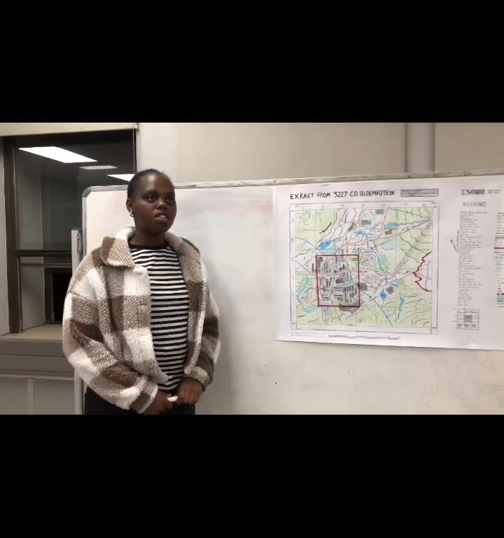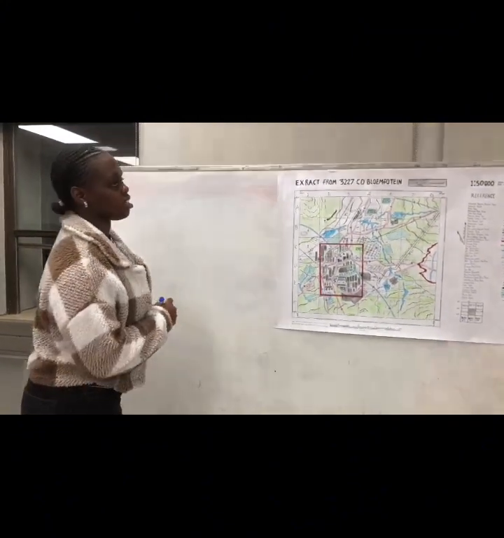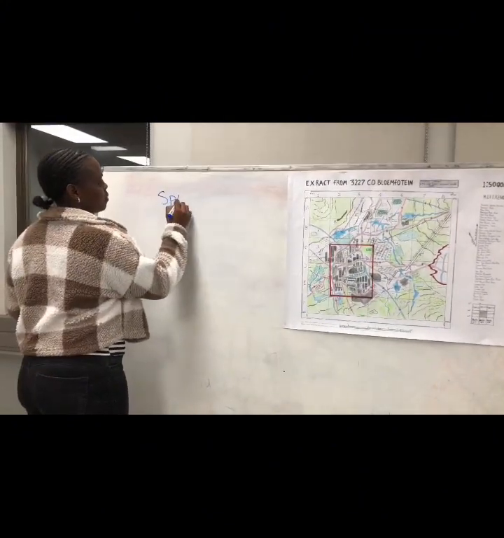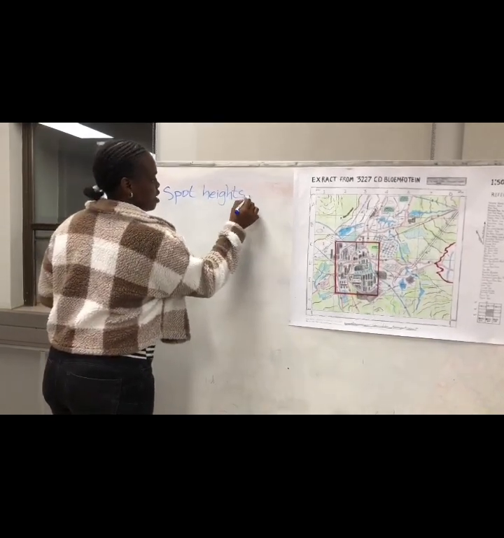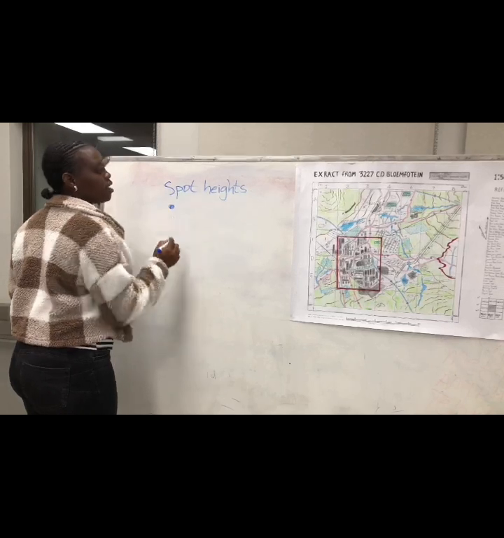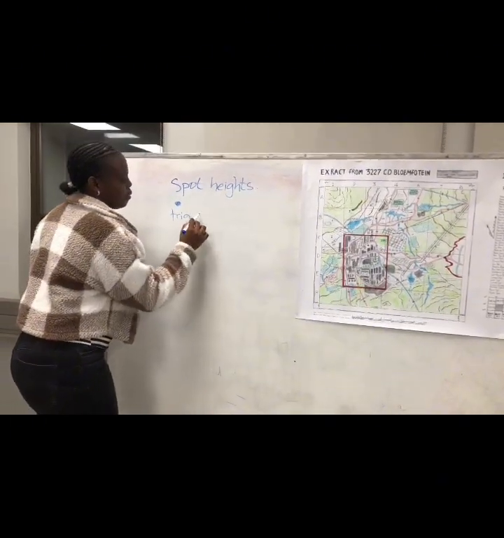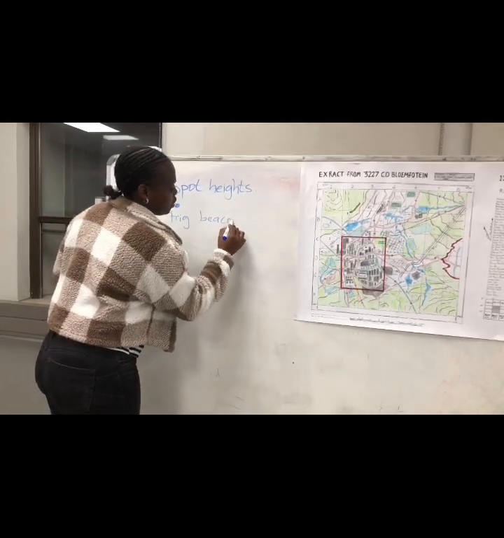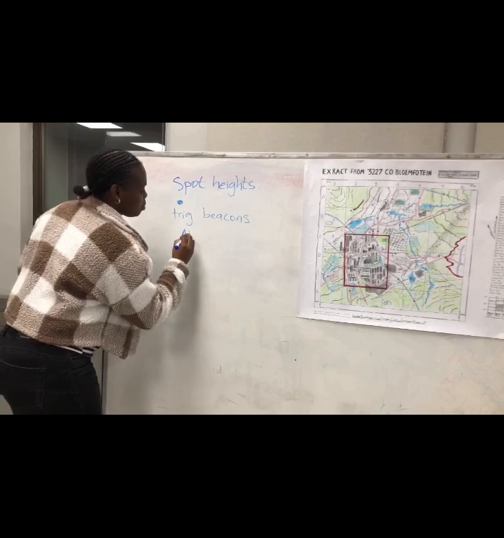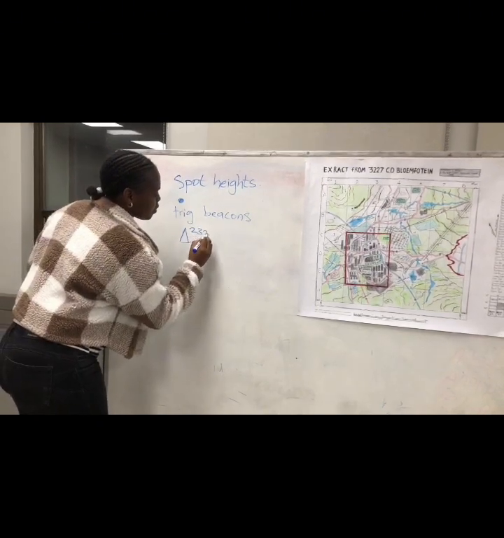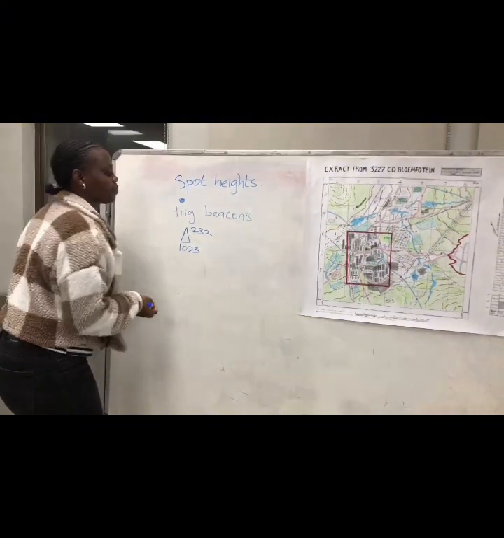There are three key features which are found on a topographical map. Firstly is spot heights, which are represented as dots on a map. Secondly is trig beacons, which are represented as a triangle with a trig beacon number and the height of the trig beacon.